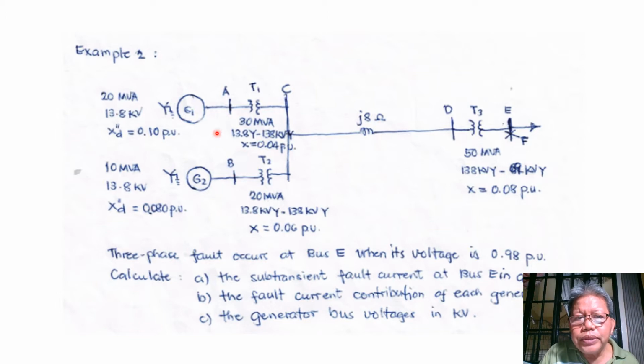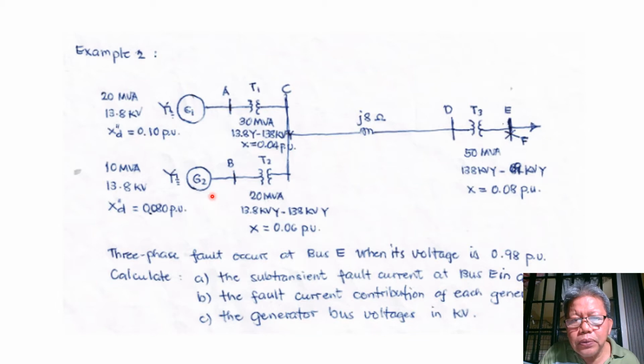Now generator 1 has a transformer T1 to step up its voltage from 13.8 to 138. So we have T1 here with an MVA rating of 30 MVA and a voltage rating of 13.8 kV connected Y and 138 kV connected Y. The reactance of transformer 1 based on its own MVA rating is equal to 0.04 per unit.